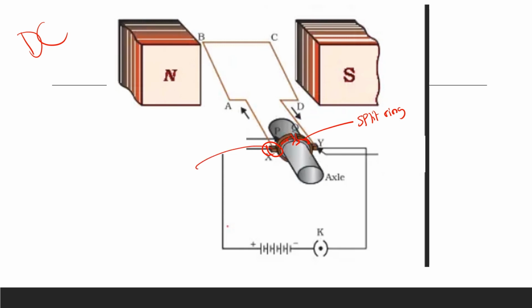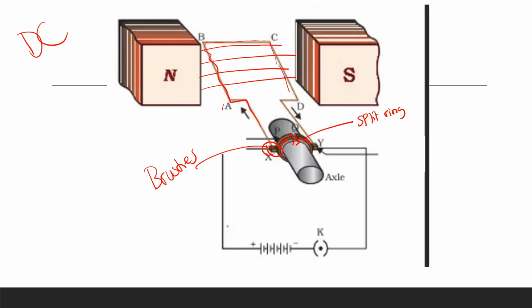Those are brushes. And also, this is current flowing in one direction. And we'll also have the north part of the magnet and the south part of the magnet and the magnetic fields, the magnetic field lines.